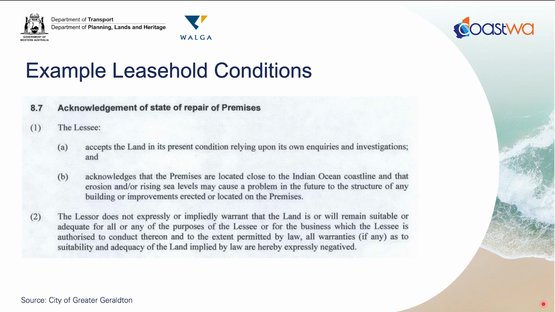It then goes on to say that the lessor, i.e. in this case the City of Geraldton, doesn't expressly warrant that the land will remain suitable for all of the purposes that the lessee conducts thereon. So this leasehold condition is essentially saying that if at some stage in a future time the site is impacted, the lessee accepts that that is the case. Something that says, please be aware, and that in the future something might happen that requires this development to no longer be here.